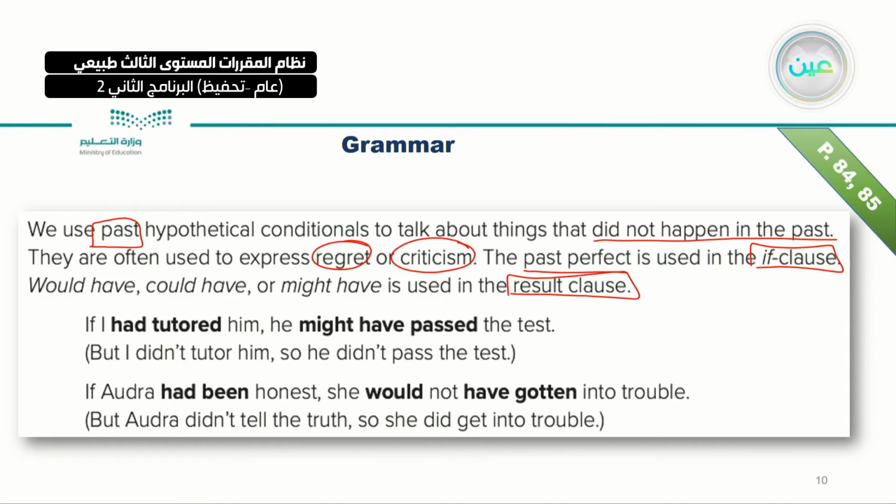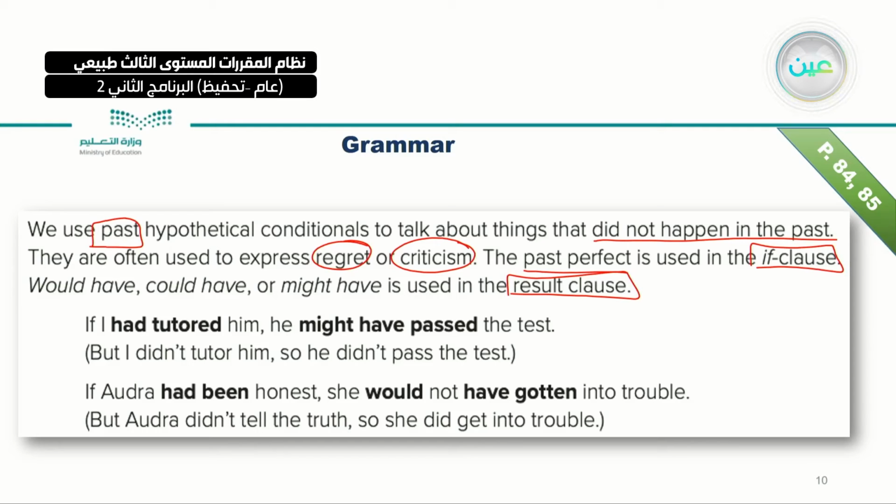Now, if I had tutored him, it means that I taught him, he might have passed the test. But actually, I didn't tutor him, so he didn't pass the test. So, as I said, things that did not happen in the past.